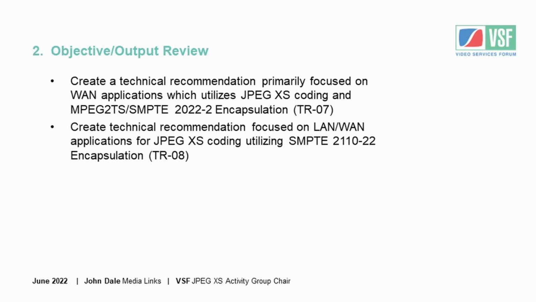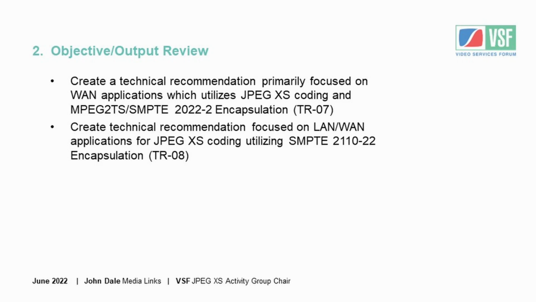So first, on the documentation, TR07 and TR08 are actually two separate documents. The first one utilizes what's very typical in wide area transport, using SMPTE 2022 and MPEG-2 TS.